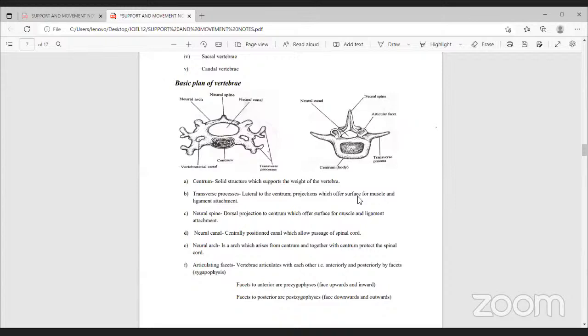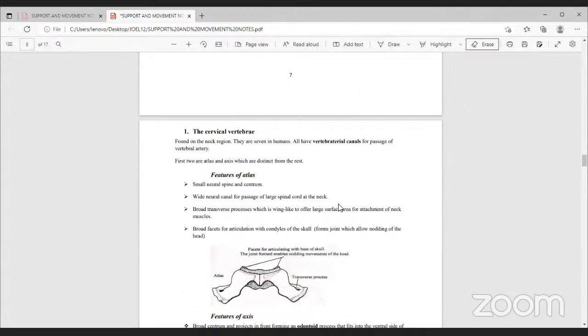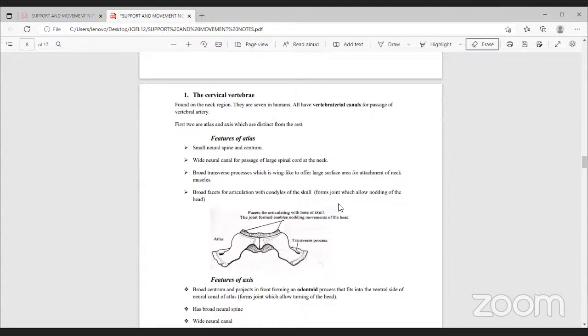That point that I've told you, that in cervical vertebrae, all the cervical vertebrae have vertebral canal for passage of the vertebral artery. That one, you need to note it better. You need to note it better. So again, I think I told you the 7 bones of the cervical vertebrae. The first 2, the atlas and the axis, differ from the rest.